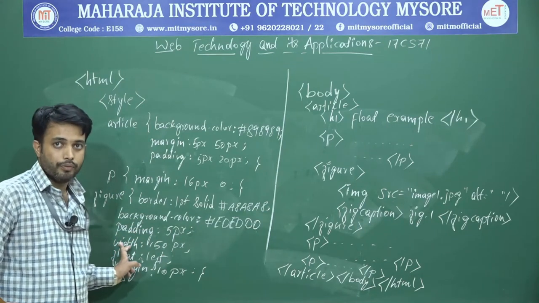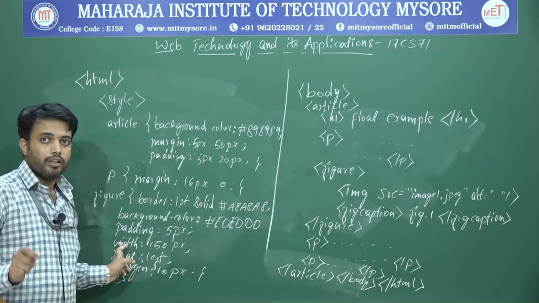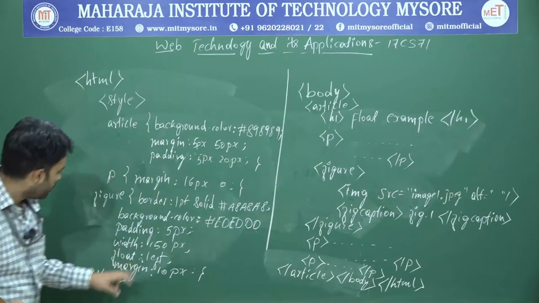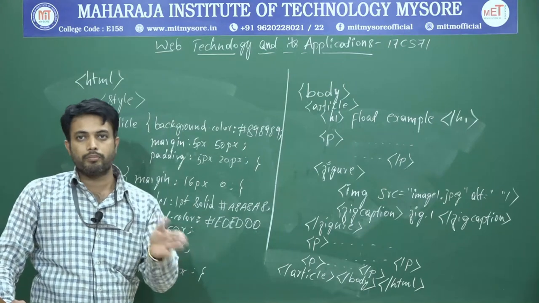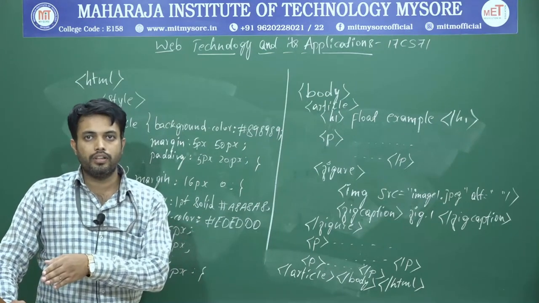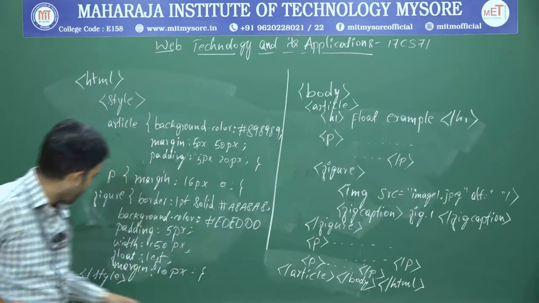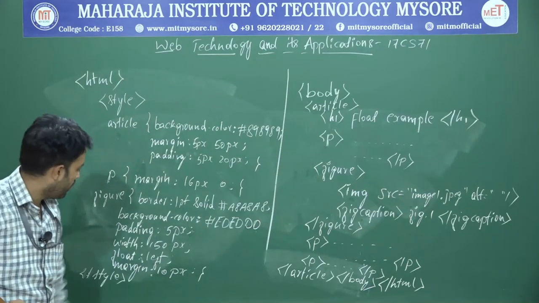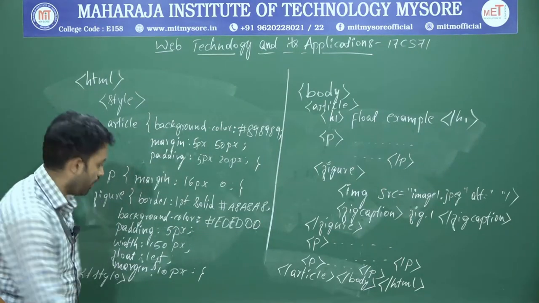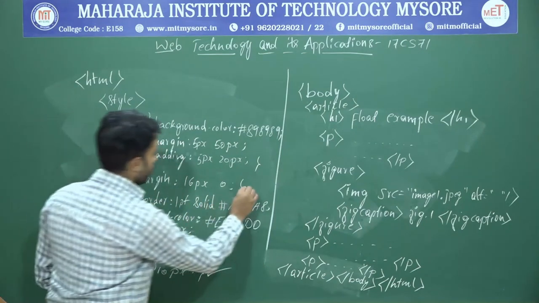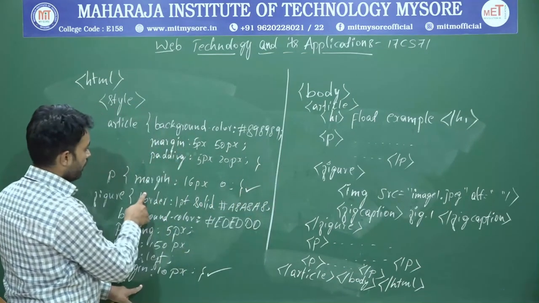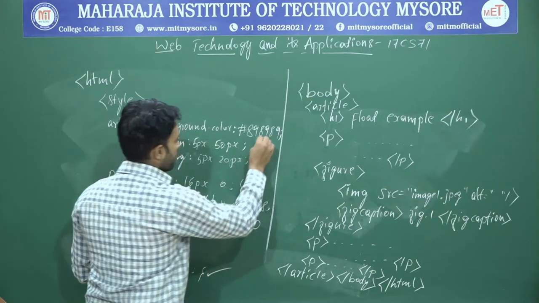Width is compulsory for block level floating elements. And float is left, so that the figure always appears on the left side of the web page. Next margin is 10 pixel. Now you can observe that there is a margin here, and within p also we have a margin, and here also we have a margin, right?